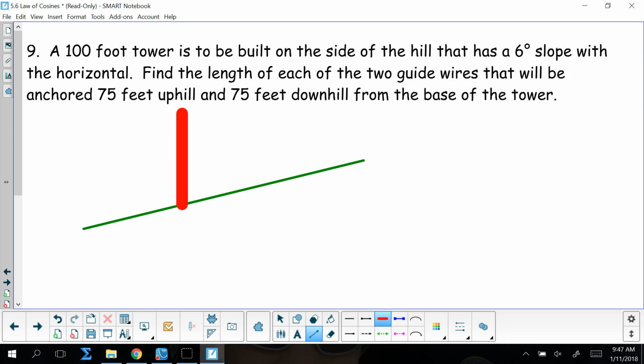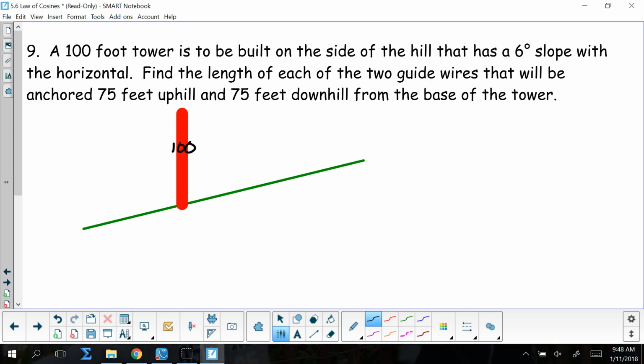That tower stands 100 feet. The slope of the hill is 6 degrees.